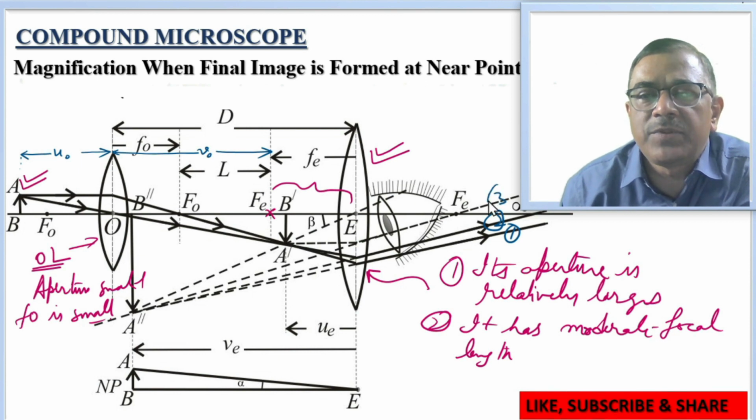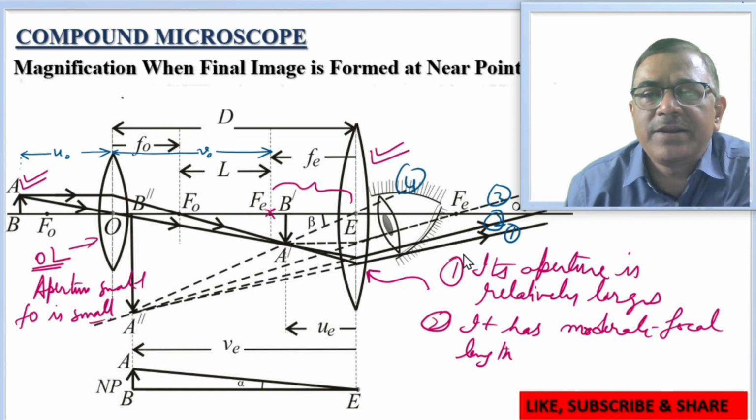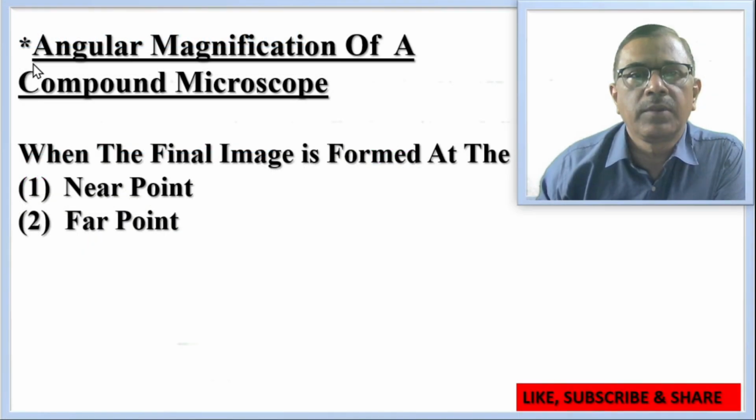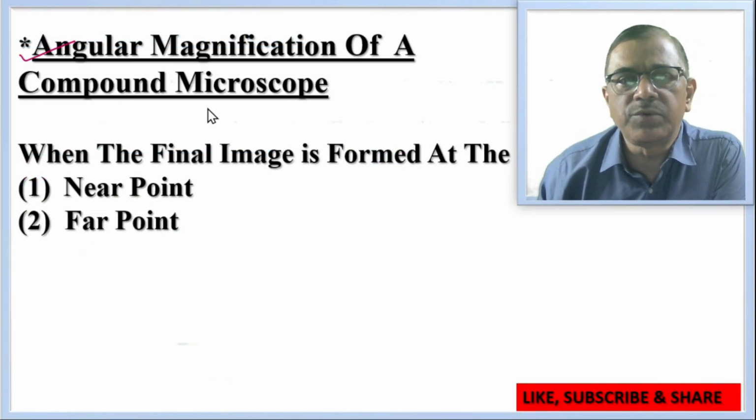Call this ray number 3 and this ray number 4. Now extend all the 4 rays, 1, 2, 3, 4. They will meet at a point, and that is the point where the final image A double dash B double dash is formed. So let us start with the angular magnification of a compound microscope in two cases.